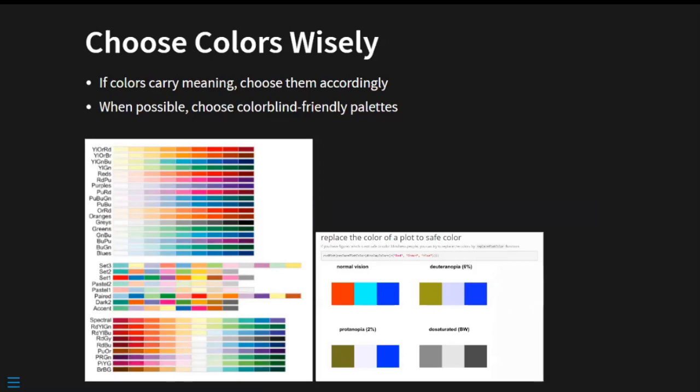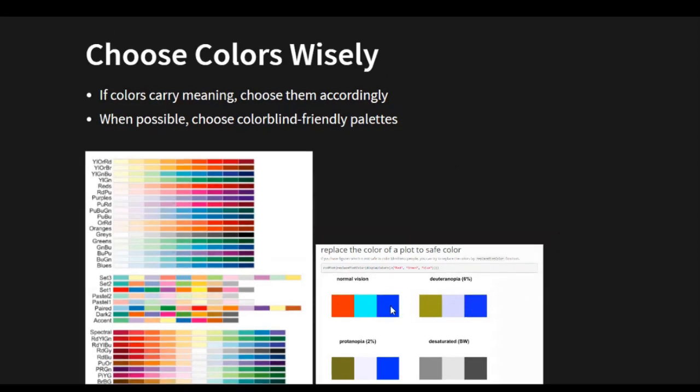This one was something that I had never thought about before I started using R, to be honest, which is thinking about colorblind friendly colors, right? So this is something I had not considered, but a lot of times, it's not a large portion of the population, but there are enough people to where this might matter, to where if we have certain colors that colorblind people with different types of colorblindness might not be able to distinguish, right?